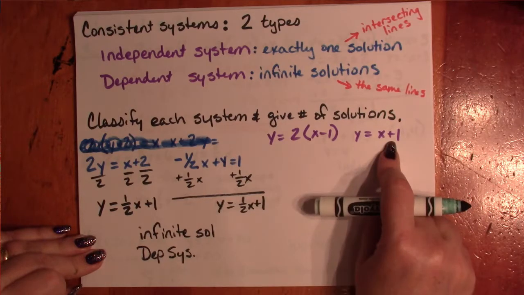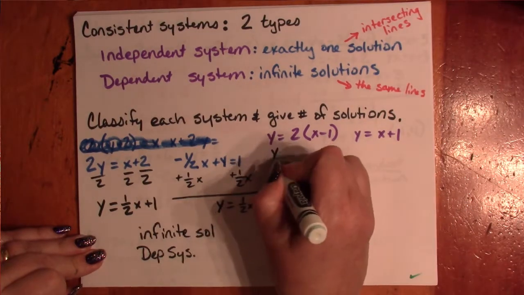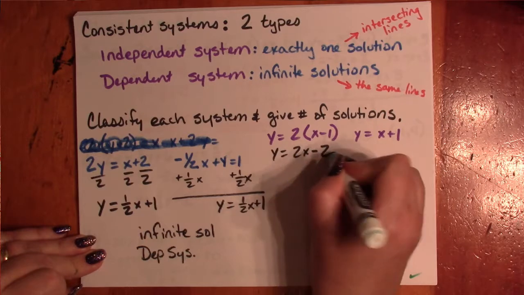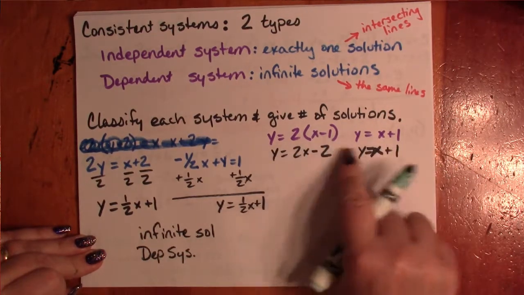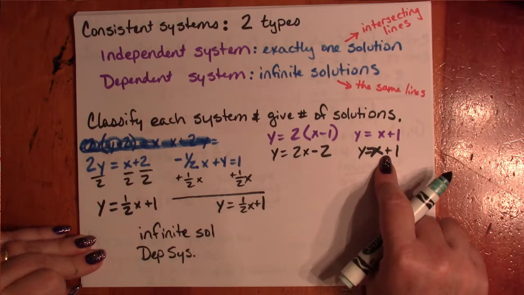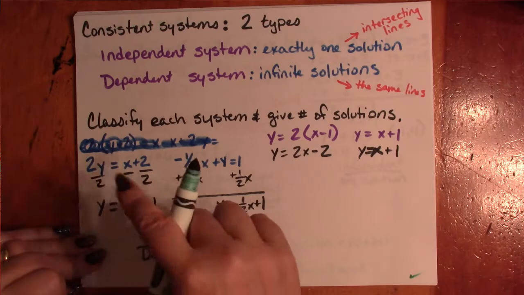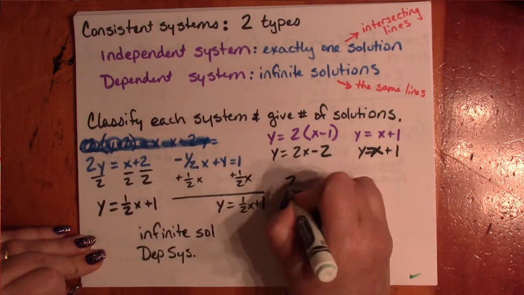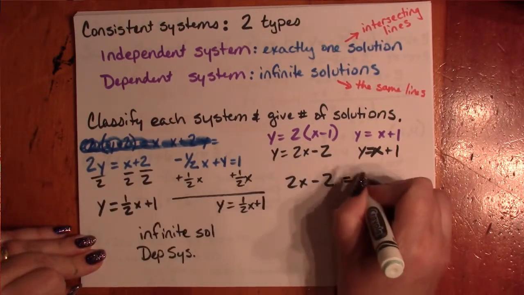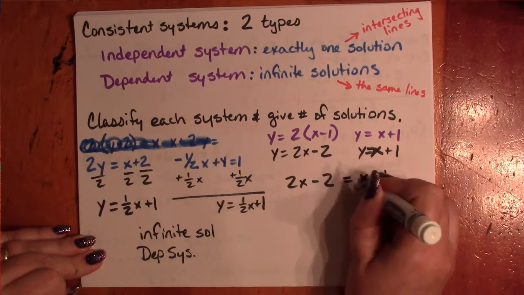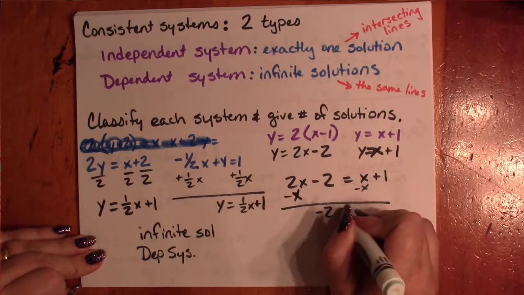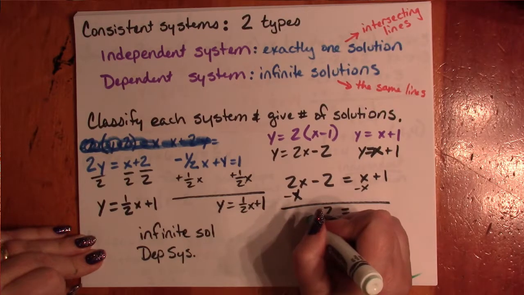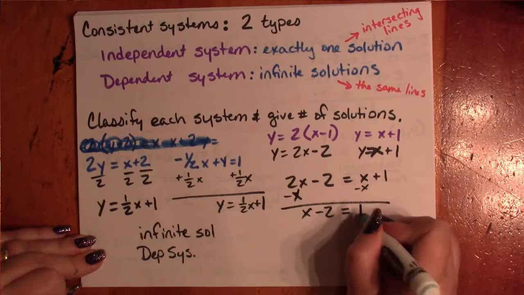This one, same story, y equals 2x minus 2 and y equals x plus 1. Well, these don't have the same slope, so I'm going to solve these like I would have solved sections 1 through 3. So 2x minus 2 equals x plus 1, minus x. x minus 2 equals 1.